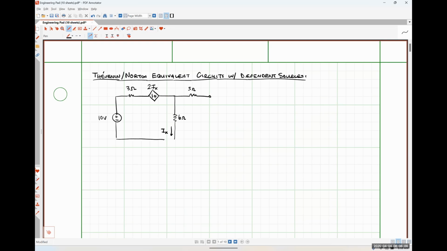And my ultimate goal is to determine Thevenin and Norton equivalent circuits.